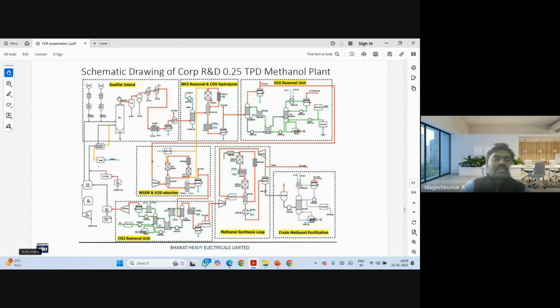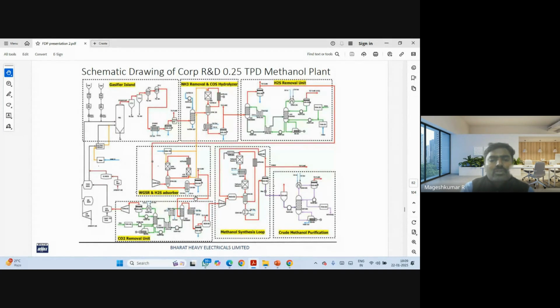This is the gasifier island where coal gasification happens. After that, if you see here, the ammonia removal and COS hydrolyzer. After ammonia removal, it will be sent to the water gas shift reaction, and H2S will be absorbed. Further, there is a CO2 removal unit.